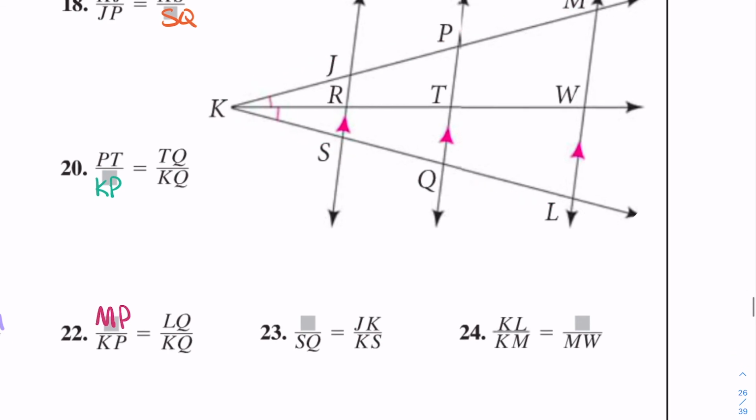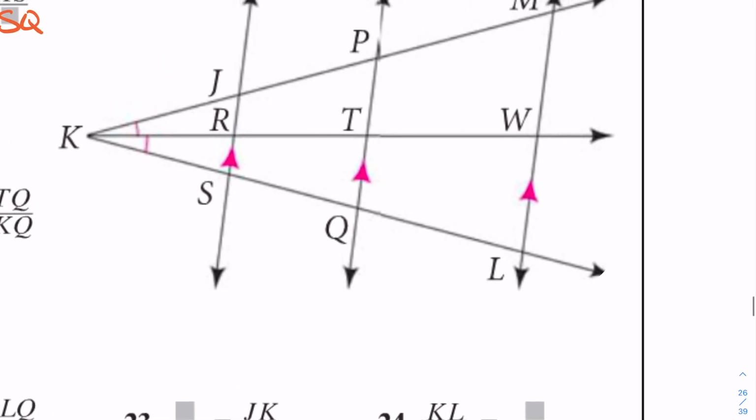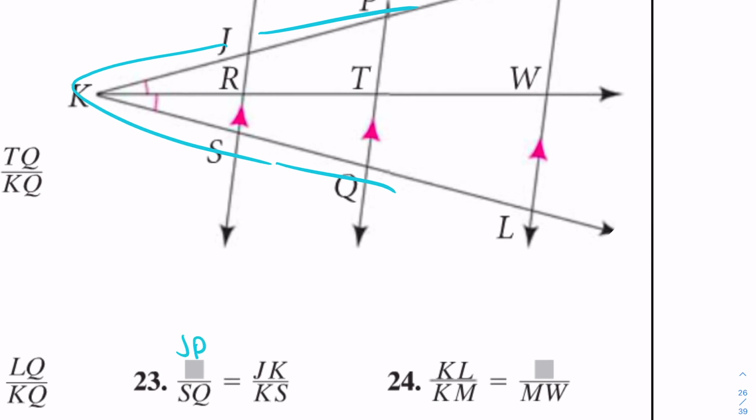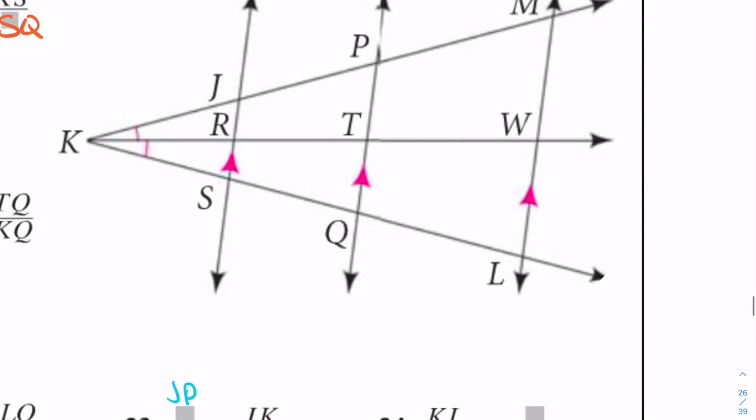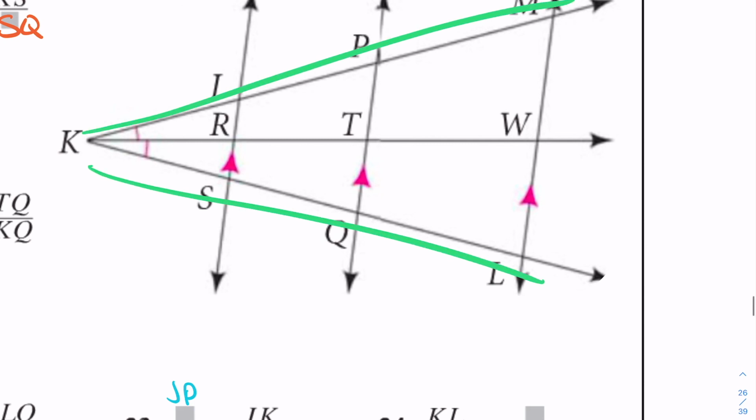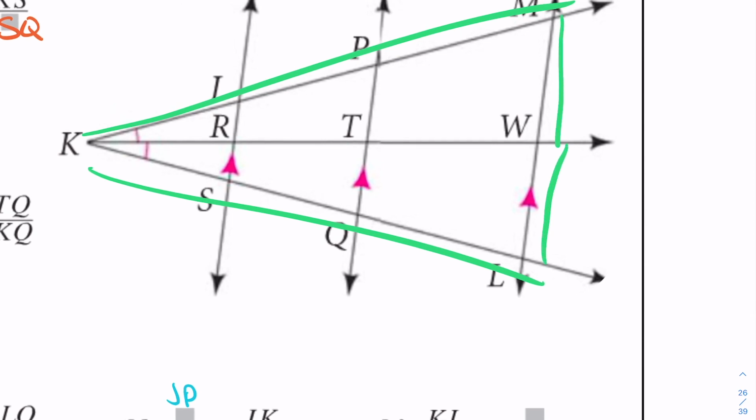And next one, JK, KS, and then it's SQ, so it would have to be JP. The last one, KL and KM, and this is MW, and this should be LW.